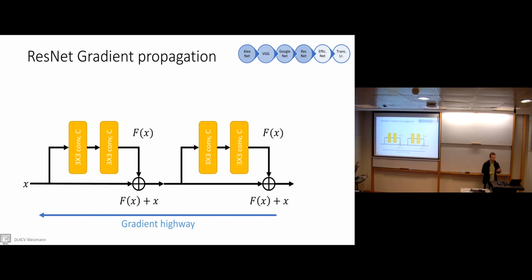And the derivative of f of x plus x with respect to x is just the derivative of f of x with respect to x plus 1. So this 1 is multiplying the gradients that come from the end, which allows us to basically copy the gradients from the end to the beginning of this skip connection block. Is this clear? Yes, it is clear. Amazing.